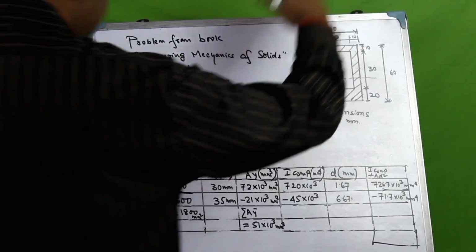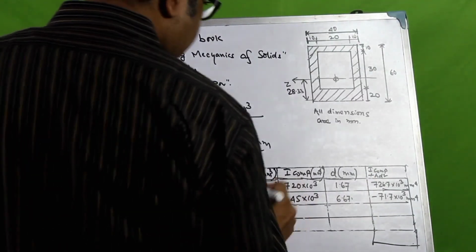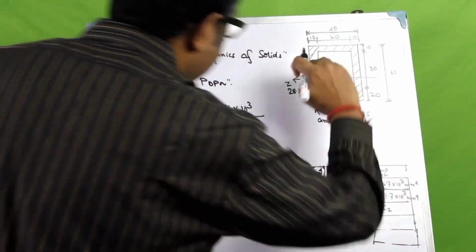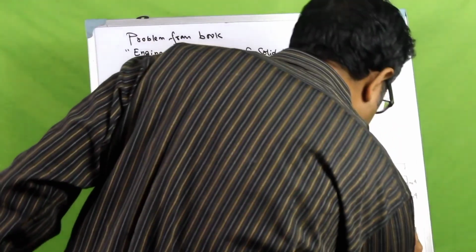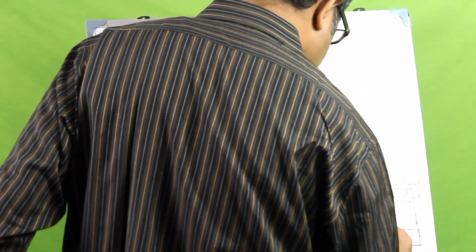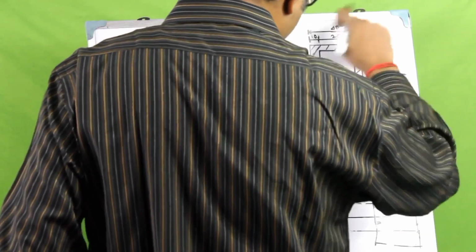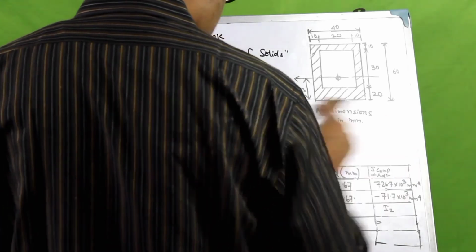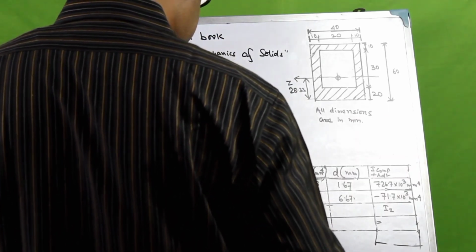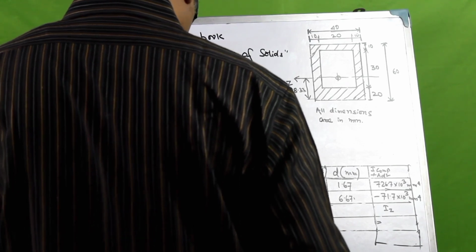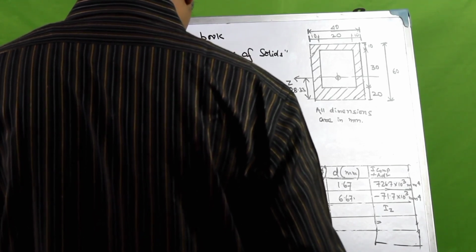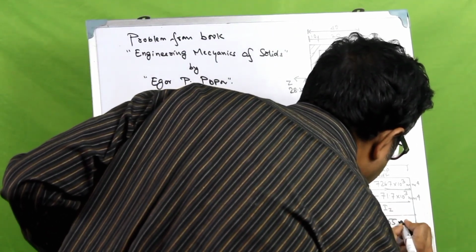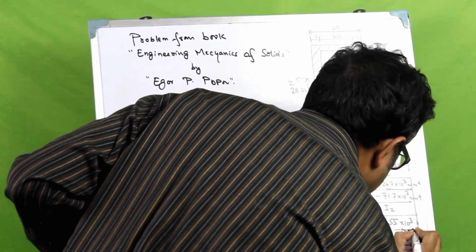So what would be the total I? What would be the Iz of this whole cross section? The Iz, moment of inertia about the Z axis of this whole cross section, will be the summation of these two. 10 cube is common, so 726.7 minus 71.7 gives 655. So 655 into 10 cube millimeter 4.